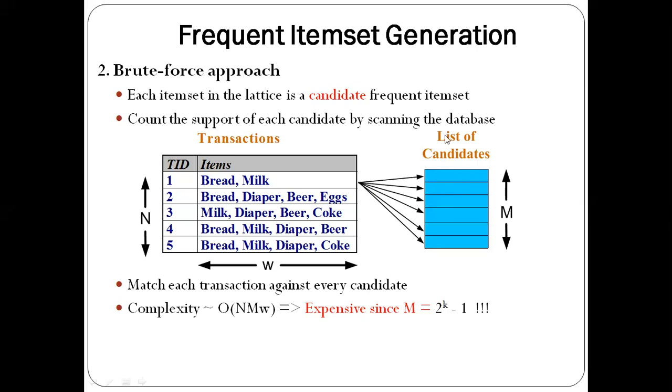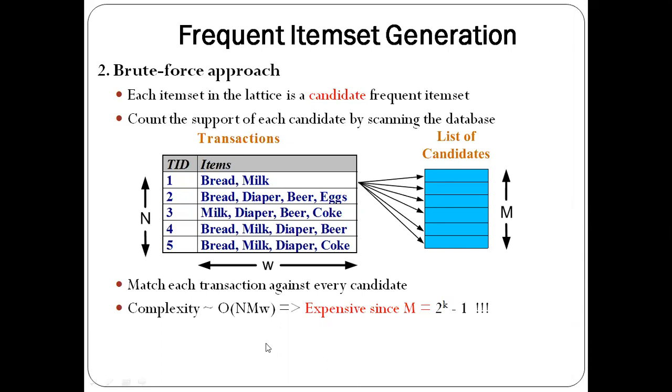Like that, we need to calculate the support count for each candidate item set by scanning the database or the data set. So we need to compare all the candidate item sets with all of the transactions, which is very difficult, complex, and expensive.